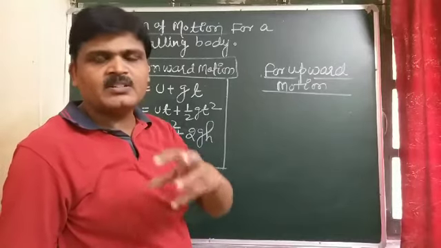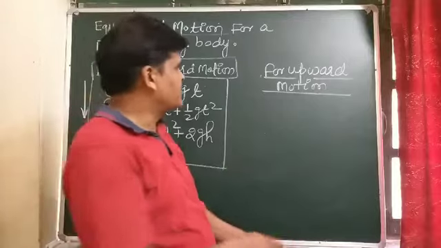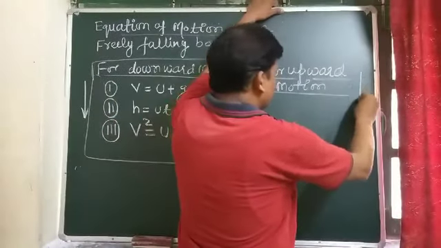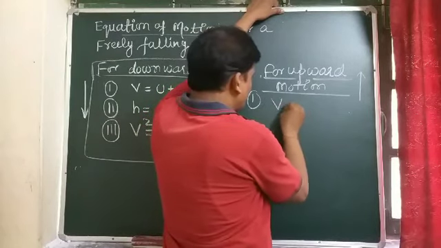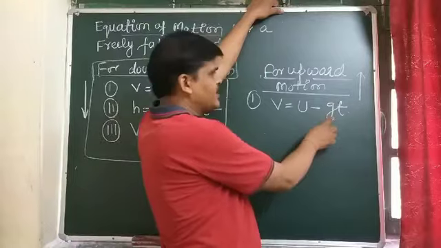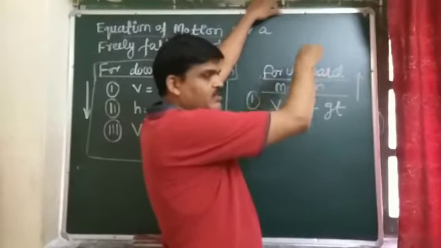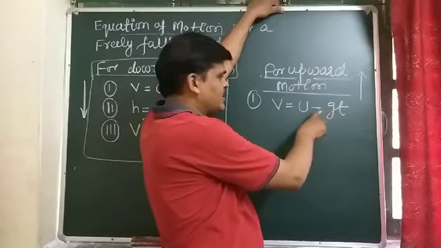Negative. If velocity increases, acceleration due to gravity is taken to be what? Positive. So for upward motion, the equation of motion can be written as v equal to u minus gt. Here, in upward motion, the velocity of the object decreases, so acceleration due to gravity is taken to be negative.